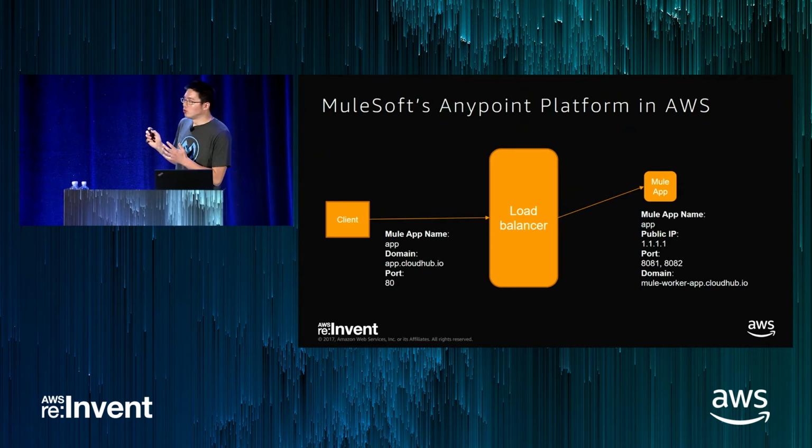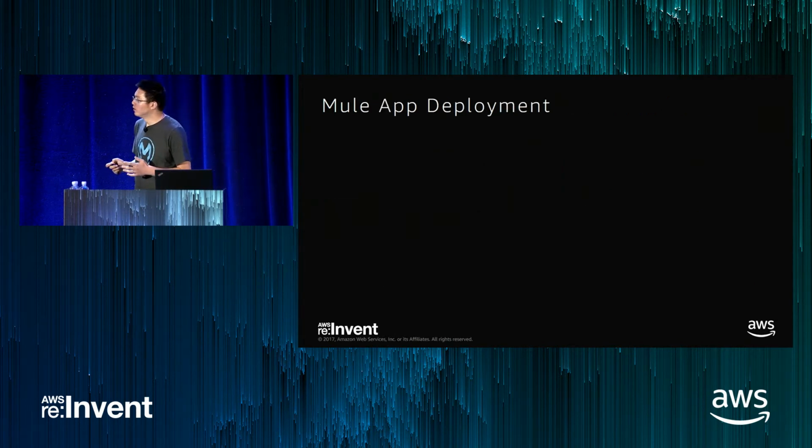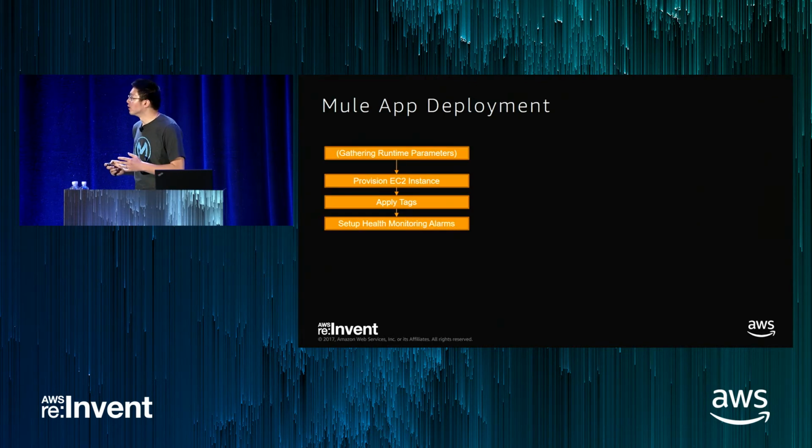So how do we apply those DNS configurations? We have a deployment transaction. Here is a simplified flow chart of our deployment transaction. We first provision an instance in EC2. We set up a lot of meta info and health monitoring.